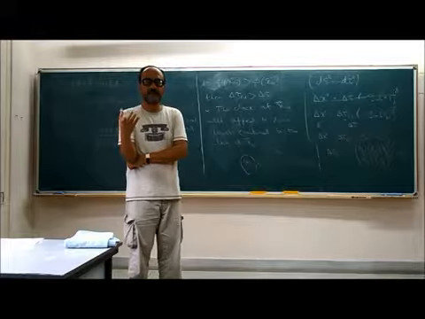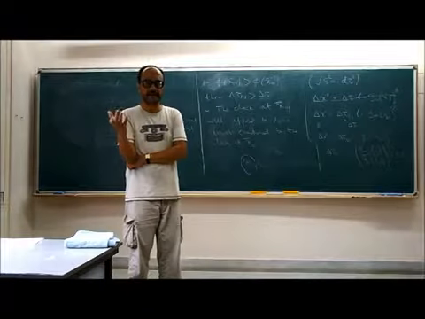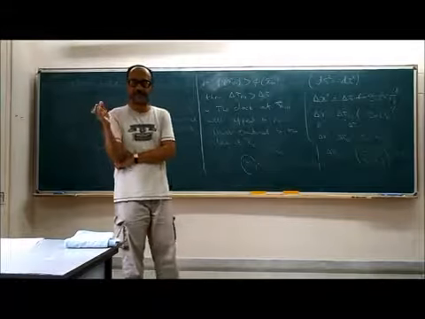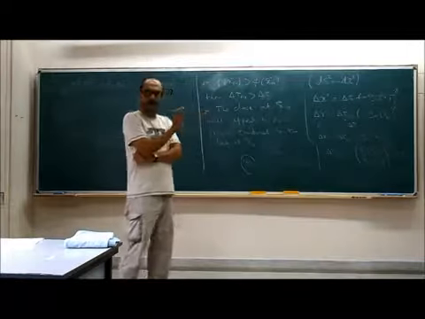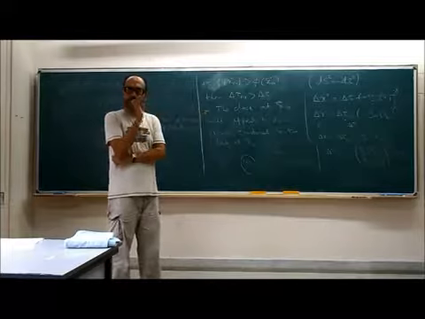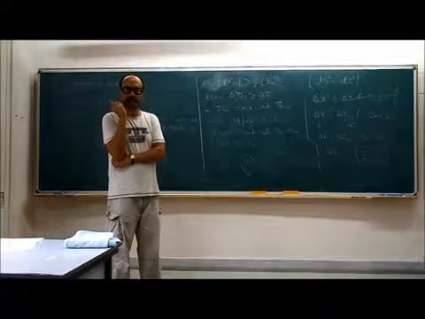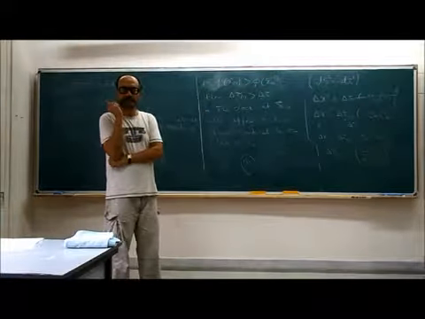So it is not necessary that you have to embed it in a higher dimensional space. Sometimes it is useful if you can embed it, but that's not necessary. And in most of the Riemannian geometry that will come for general relativity, we will not try to embed it in some higher dimensional space. So the choice of coordinate system doesn't require that you embed it in a higher dimensional space.